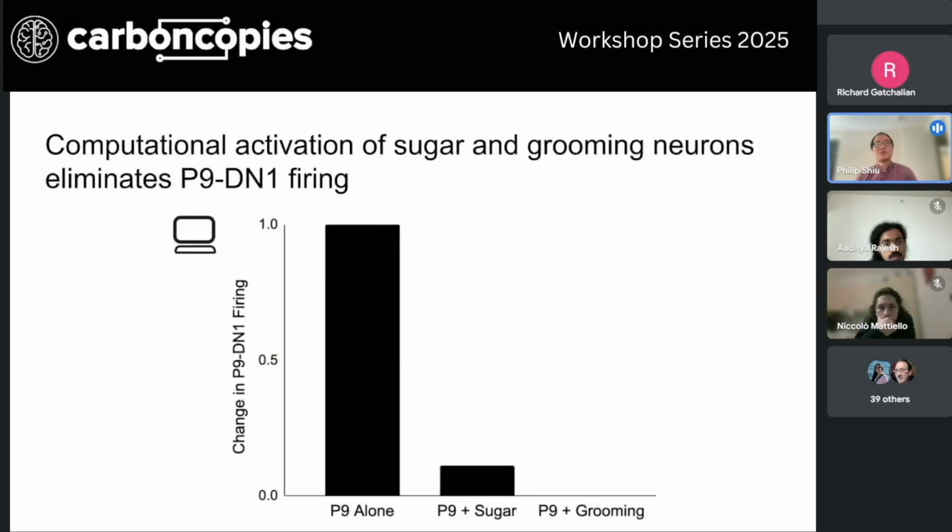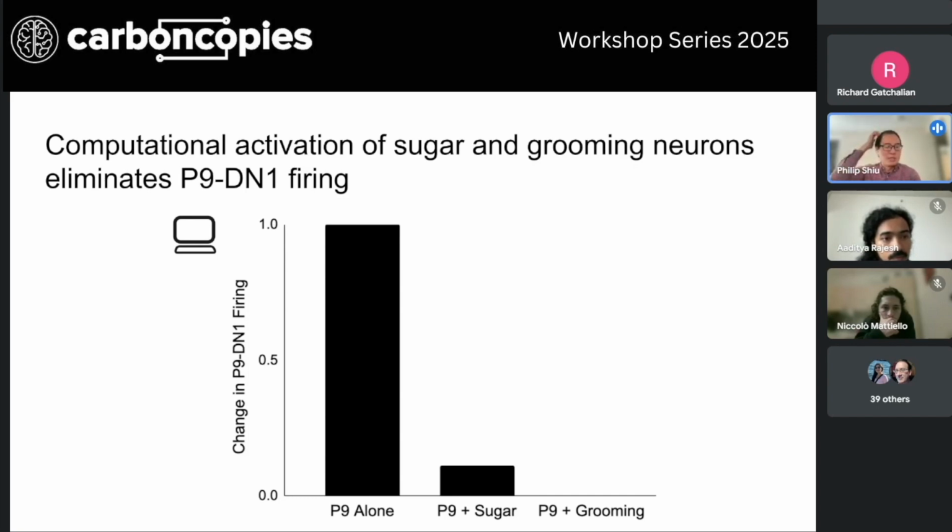So we wanted to know, if we activate sugar and grooming neurons, would this result in similar effects? That is to say, can our model predict that sugar detection or grooming could cause a fly to stop? What I'm showing you is the change in P9DN1 firing.